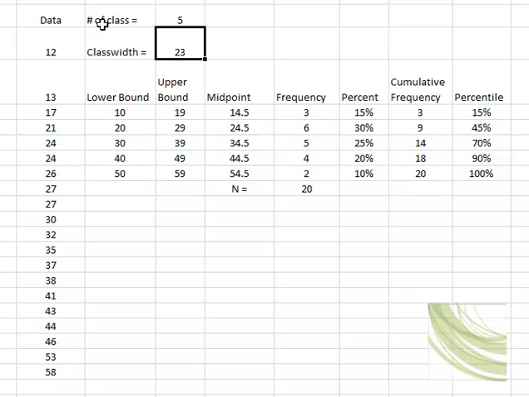Now first we want to get the number of classes. Suppose the number of classes is 5. Now we want to calculate the class width.